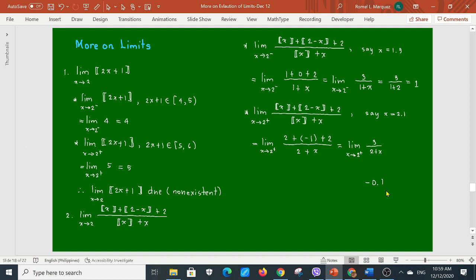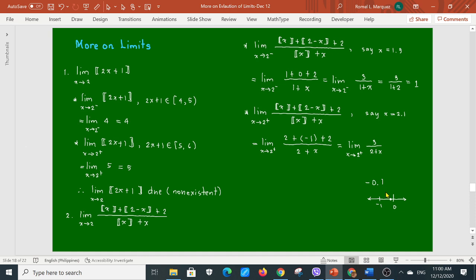Okay. If this is, let's say, 0, this is negative 1, negative 0.1 is somewhere here. Remember, with the greatest integer, you're pulling it to the left. Where is the left of negative 0.1? Okay, sir, negative 1. You always pull it down. You are confused because of the sign, no?